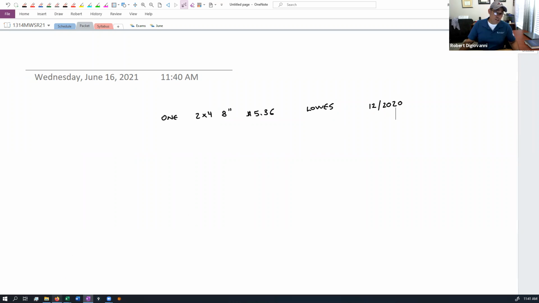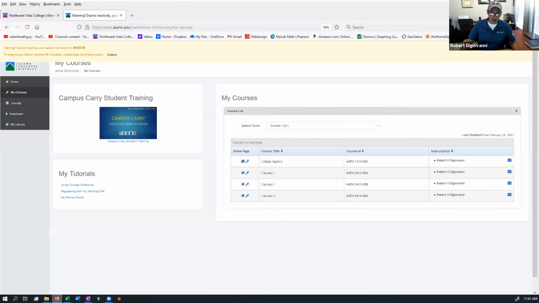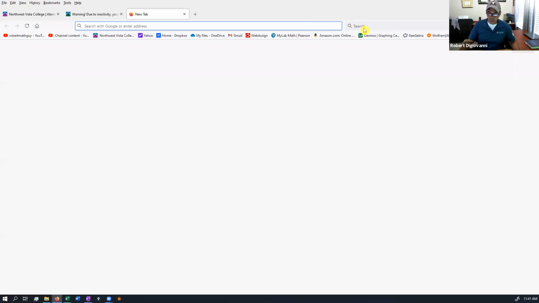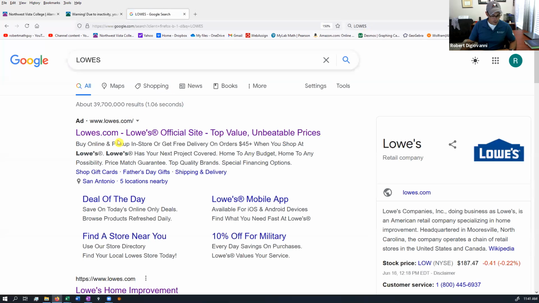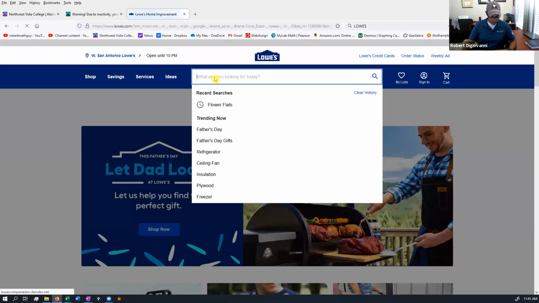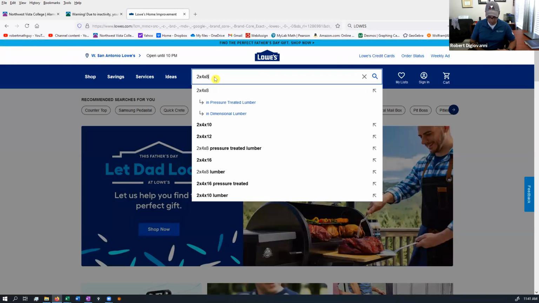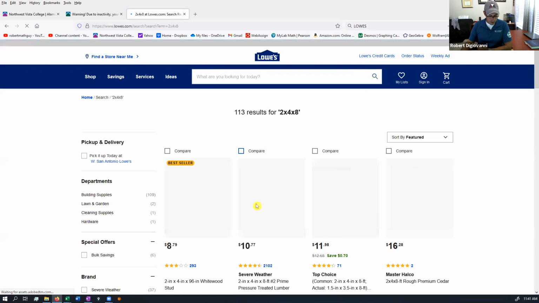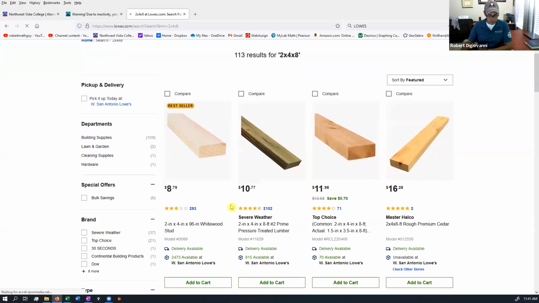So I haven't looked at this, but I'm going to look at it right now. We're going to look at it together. We're going to go to Lowe's. And let's see how much a 2x4 is now. 2x4x8, untreated lumber. There it is. Oh, whoa.